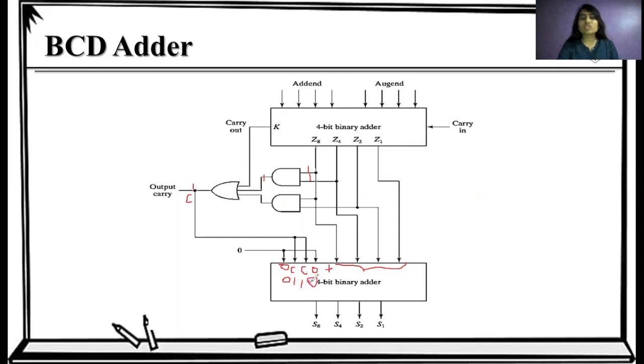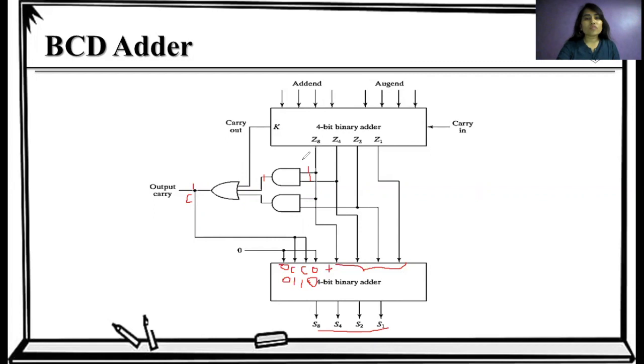Our aim is to add 6 to this binary sum whenever we have an invalid code. If we add 6 for an invalid code, then we have the correct BCD sum. So this is how we correct this binary sum into BCD format.